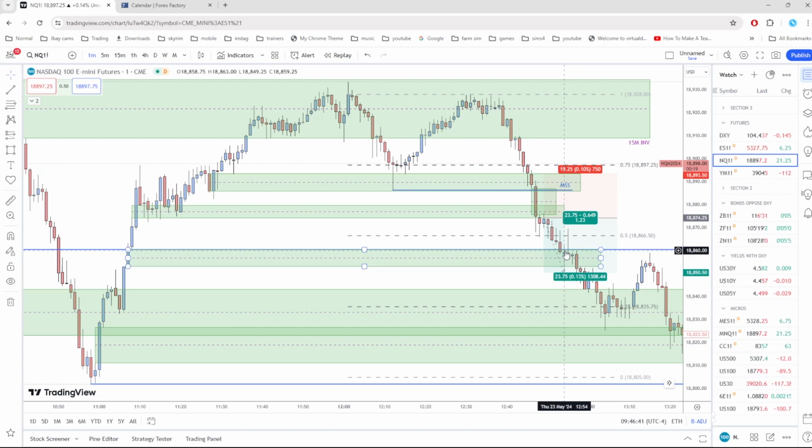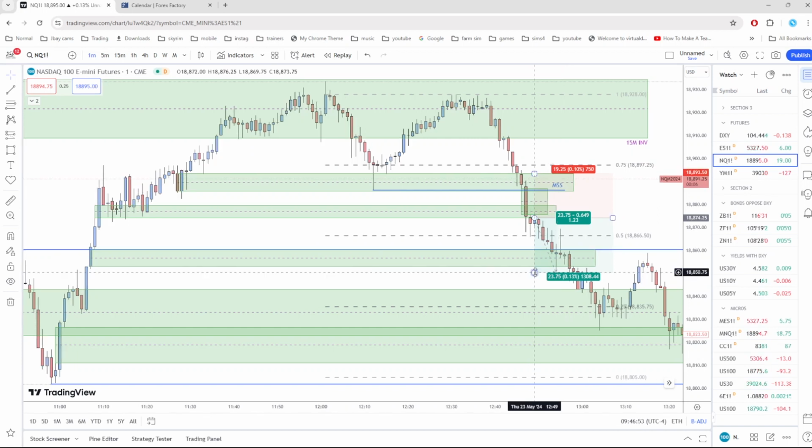So we get a pause over there. It's almost at the 50% breakaway gap. First take profit. This fair value gap is beautiful. That's a nice take profit.